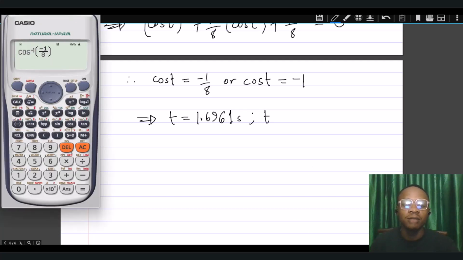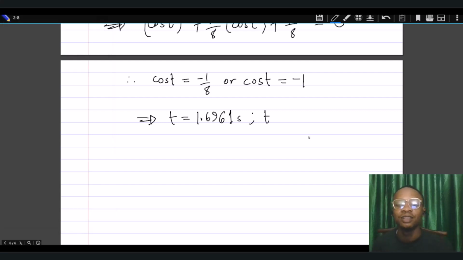Cos inverse of minus 1. So this is minus 1 and it is pi. So this is equal to pi, of course, in seconds. Okay, we know pi is 3.141 blah blah blah. So that's within our interval from 0 to 5. So both of them are welcome.